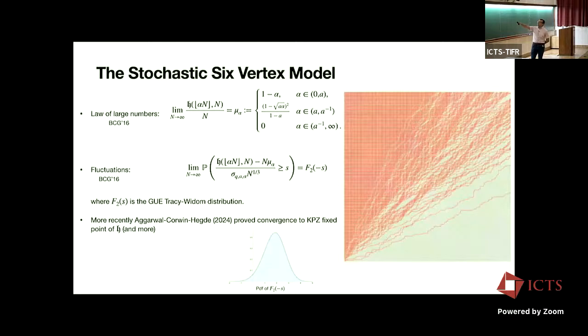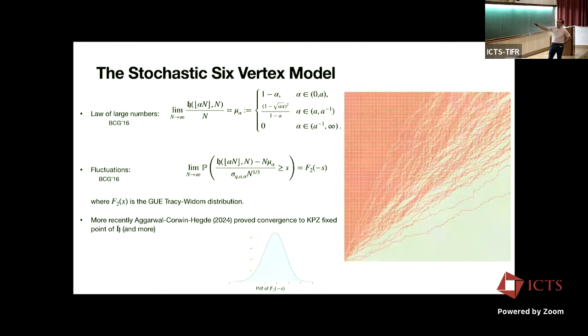The law of large numbers is written here. We consider the height function at a certain location, where n is the height. This is actually a square, so the size of the height and the size of this side here is the same, but n is the height, and we look at a certain location, alpha n, here. We look at the height function, which I recall is the number of red paths that I meet going downward. This number of paths grows linearly with n, and the growth is given by a certain parameter, mu(alpha), which is written here.